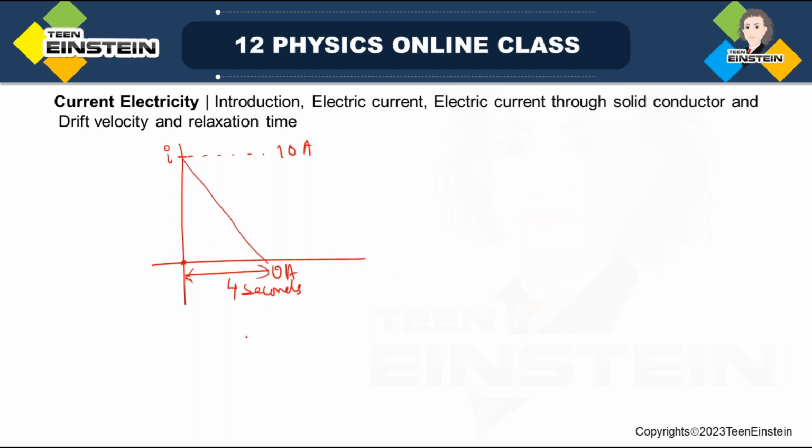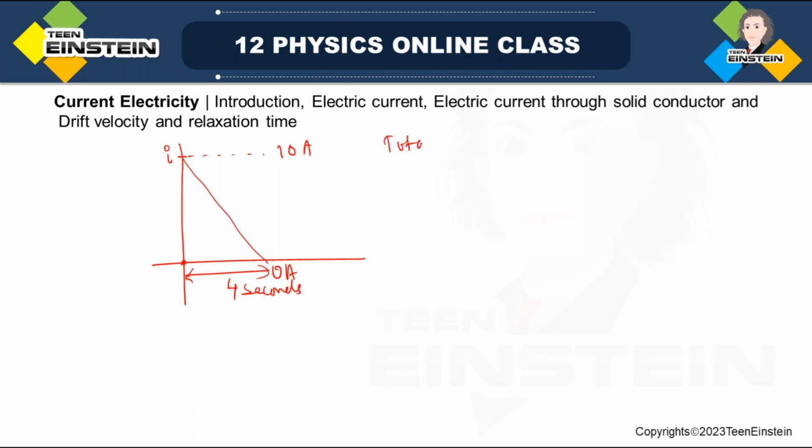Current versus time graph we have to see, and the total charge flowing through the wire during the given interval.